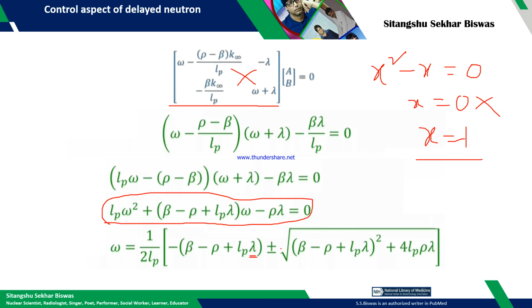This lambda is a very small constant, a negligible value. Definitely where lambda is multiplied with some quantity, even this diffusion time is also in the order of maybe milliseconds or microseconds.